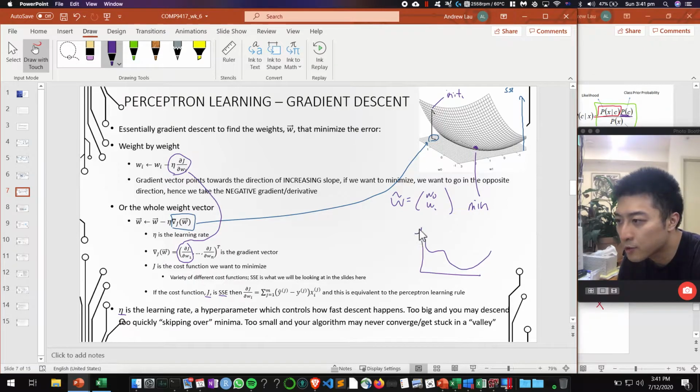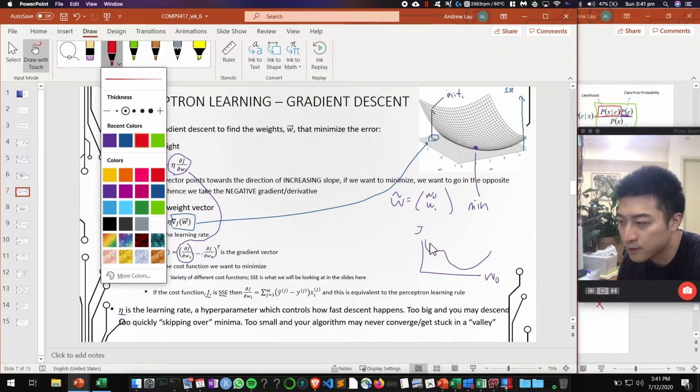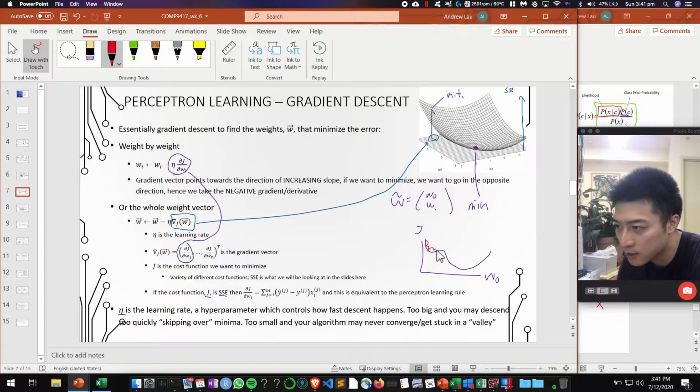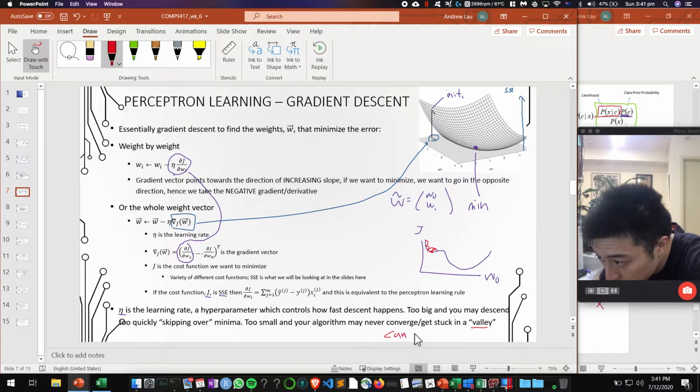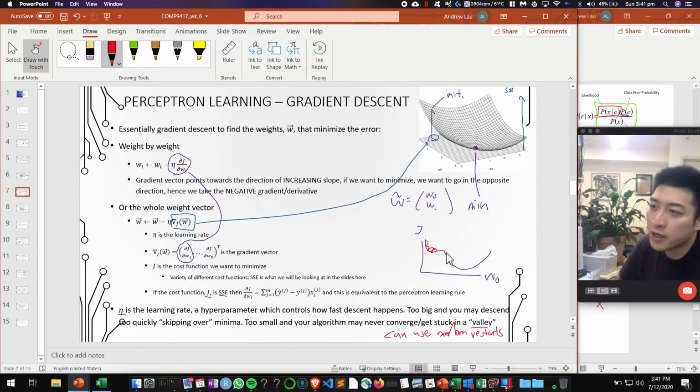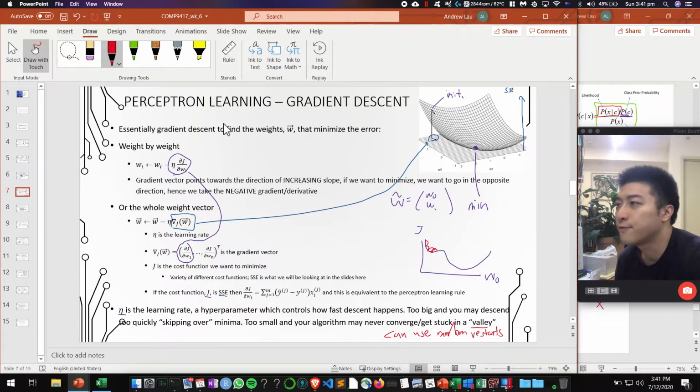When I say valley, I mean, say this is some cost function J, and you're only considering one weight, right? You may get stuck here because you didn't move enough. Now, of course, one way to get around that is you do random restarts. When I say random restarts, what I mean is you reinitialize all your weights to something and then perform your gradient descent again.